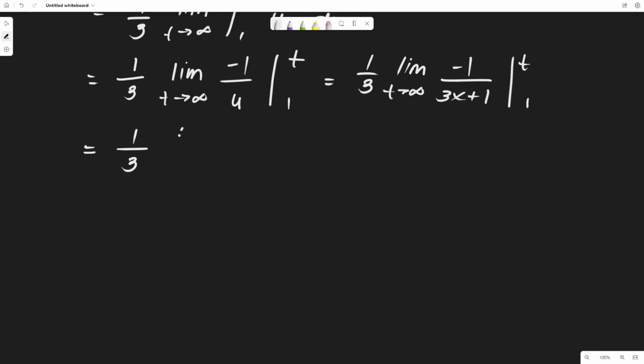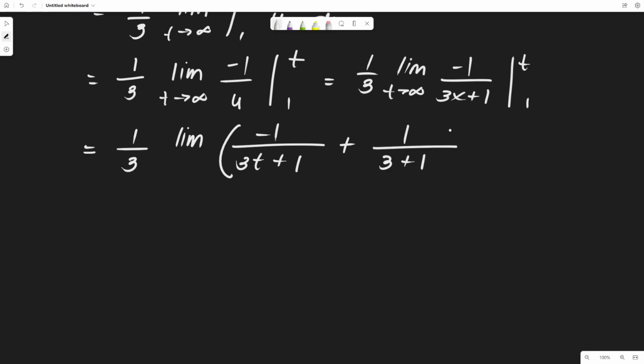So we have here the limit of negative 1 over 3t plus 1 plus, why does it become plus? Because it is minus but negative 1, so it becomes positive. So 3 plus 1, as t approaches infinity.